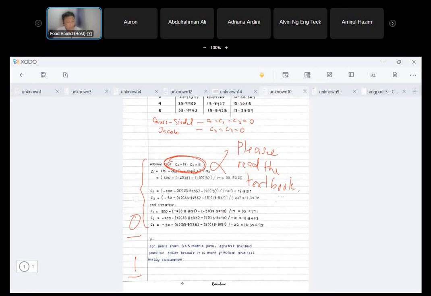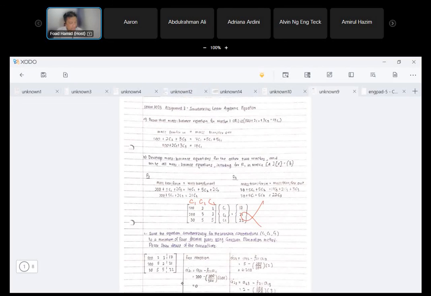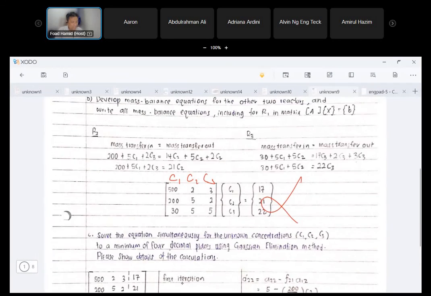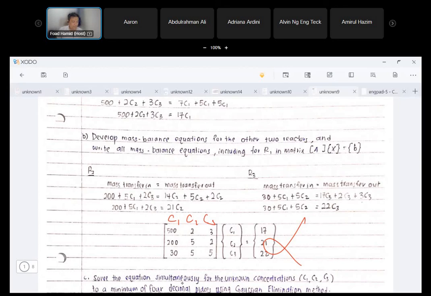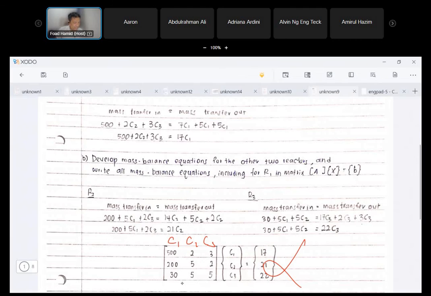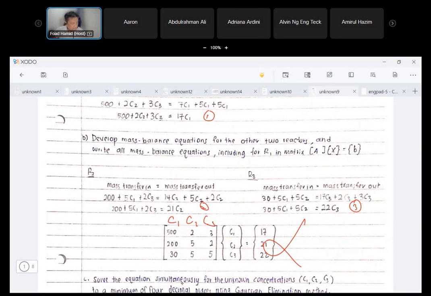Okay, let's look at this one, unknown 9. What is the problem here? The student has equation number 1, equation number 2, equation number 3, and we know that the unknowns are C1, C2, and C3.